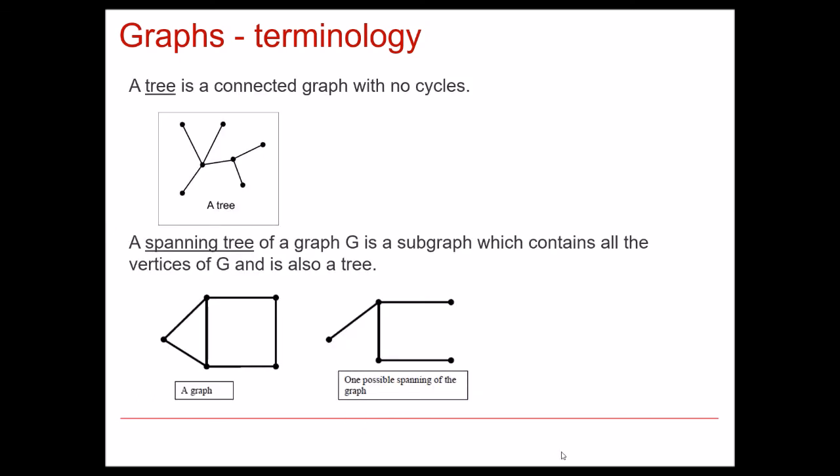Having defined what a cycle is, it's now easy to define what we mean by a tree, which is another type of graph, but it's a graph which is connected but has no cycles. Now, sometimes these graphs do actually look like real trees, which is obviously where the name comes from, but they don't have to.